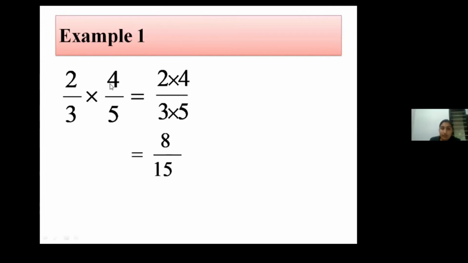In 4 by 5, 4 is the numerator and 5 is the denominator. So we find the product of numerators by the product of denominators, that is 2 into 4 by 3 into 5. 2 into 4 is 8, 3 into 5 is 15. So the answer is 8 by 15. Do you understand?